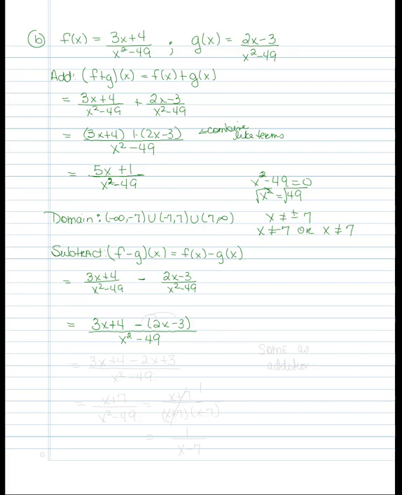Now, let's distribute the negative. 3x plus 4 minus 2x plus 3, all over x squared minus 49.